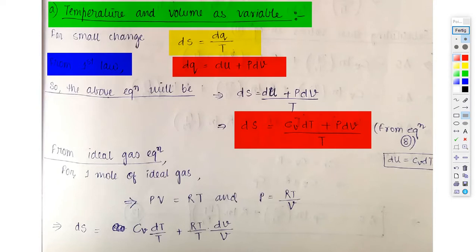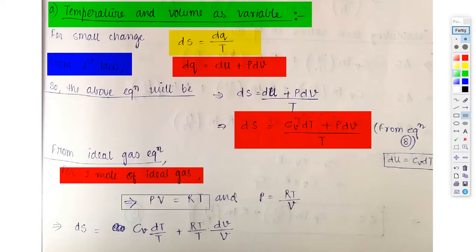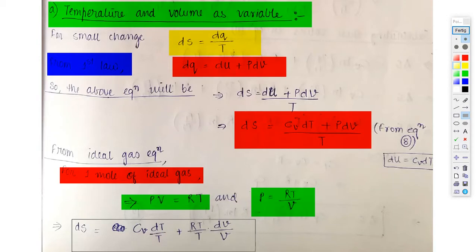From the ideal gas equation for 1 mole of ideal gas, PV equals RT, so P equals RT by V. Substituting that into equation number 8, we get dS equals Cv dT by T plus R dV by V. This is the important formula for you. Let's move to the next slide.